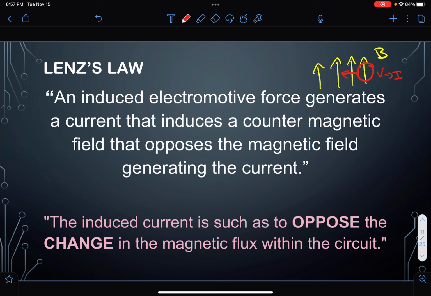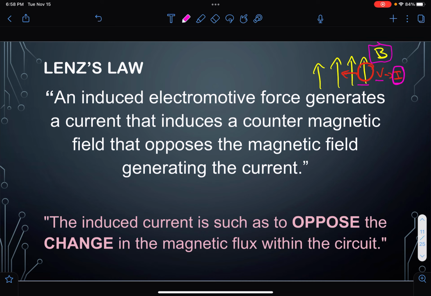Current creates its own magnetic field. All right, so what happens here is that we have an established magnetic field that we have some object moving in or out of, and it's creating an electromotive force. That electromotive force is what creates that current. Now, this current itself is creating its own magnetic field. So this is a second magnetic field.